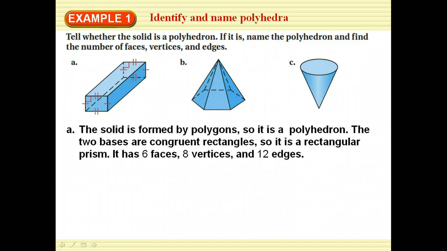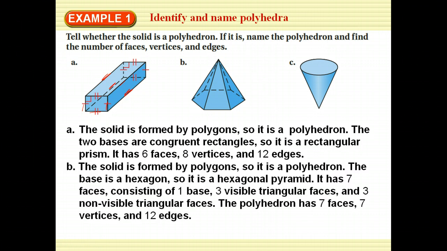It has 6 faces, the 4 sides and the 2 ends. It has 8 vertices, each of these 4 corners and each of the back 4 corners, and 12 edges. You've got 1, 2, 3, 4 going around the sides here, and then 5, 6, 7, 8, and then 4 on the back would make 12.